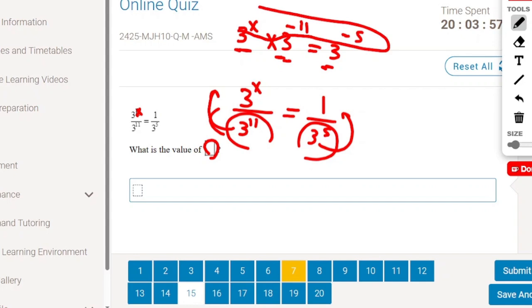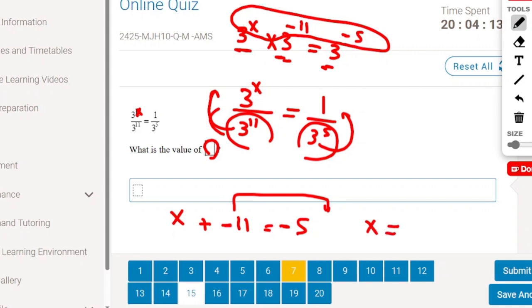So we'll take the powers. So it will be x plus minus 11 equal to minus 5. So put this number to the other side, so we'll change the sign. So here it will be x equal to minus 5 plus 11, which will be equal to 6. So the answer here will be 6.